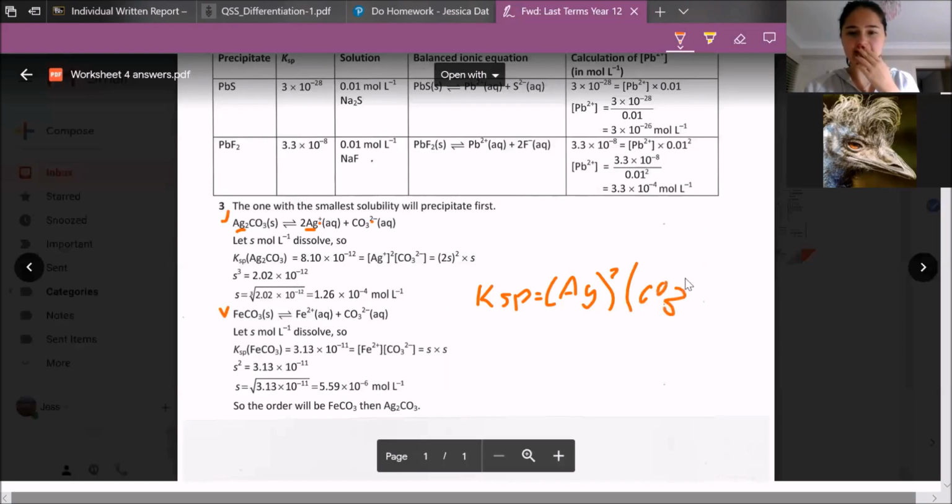Remember, same situation with the fluoride right here. If you've got a number in front, you have to put it up as a power, so it's going to be Ag squared, because we had 2 Ag in the equation. Perfect.